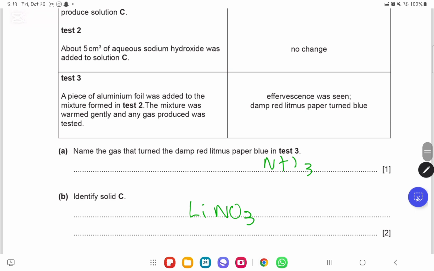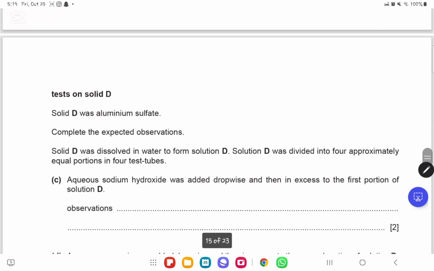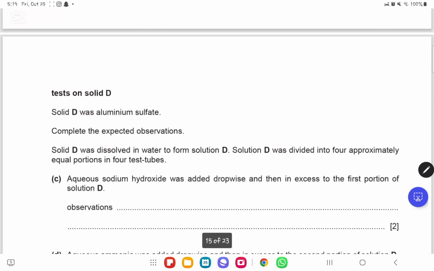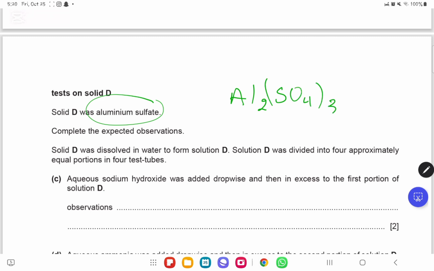Okay, then part C. Now they're doing tests on solid D. Solid D was aluminium sulfate, meaning it is Al2(SO4)3. They told us in part C they added sodium hydroxide, NaOH. Let's put them into their ions.